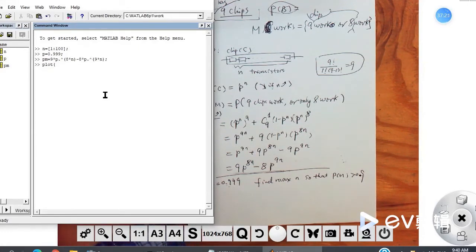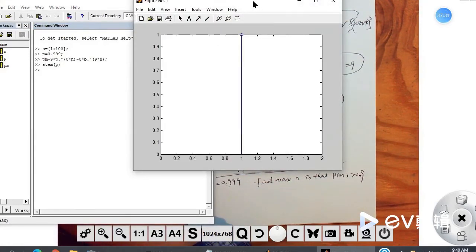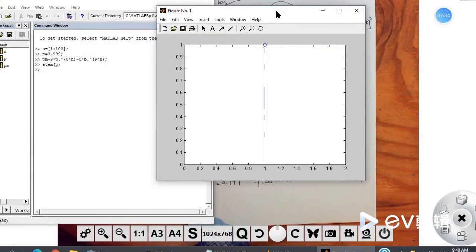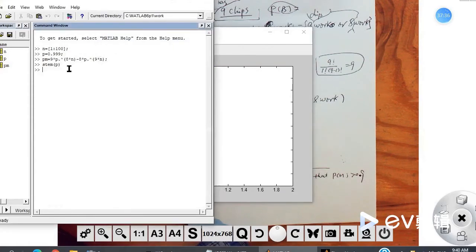Plot stem of this Pm. Okay, Pm is the probability.